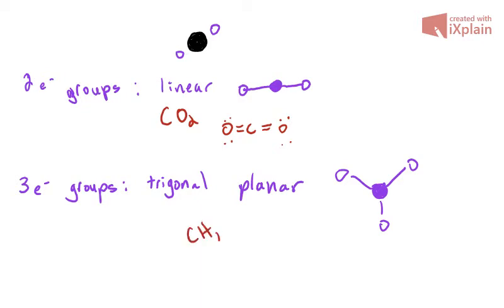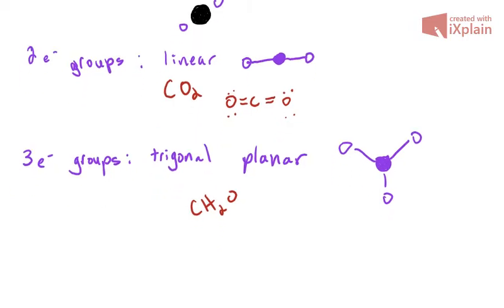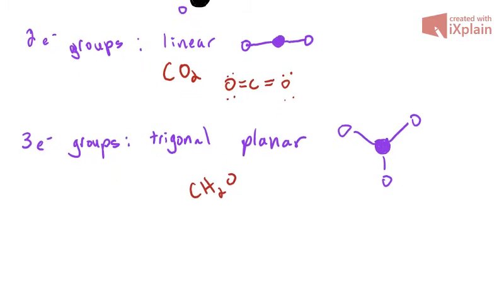The CH2O that we talked about yesterday would fall under this category. That Lewis dot structure looked like so. In this case, there are 3 groups of bonds, or 3 groups of electrons coming off of our central atom carbon.